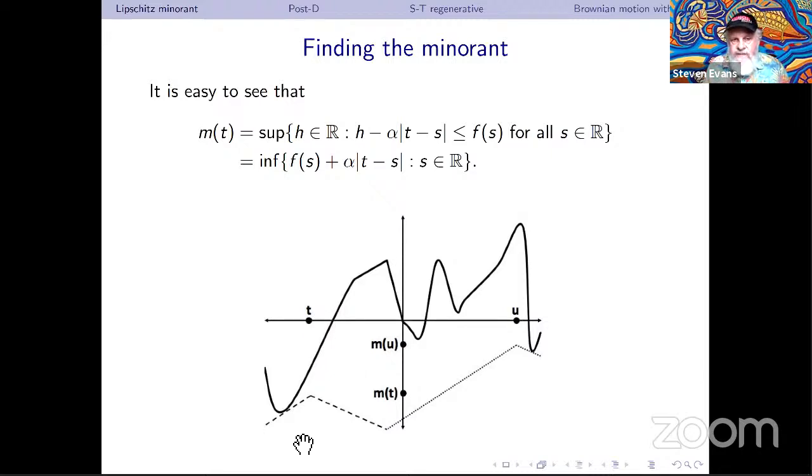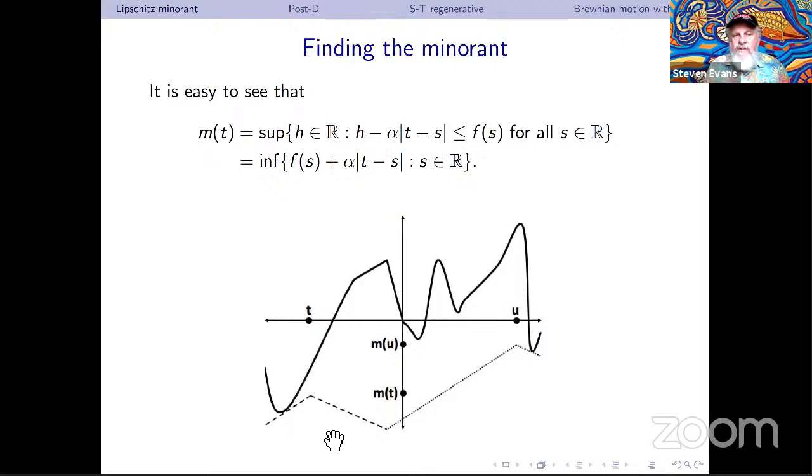What we do is take the tent function that has its peak centered at t, has slope alpha to the left of t, slope minus alpha to the right of t, and has height h. So that's what this function is here as a function of s. That's what that tent function looks like.